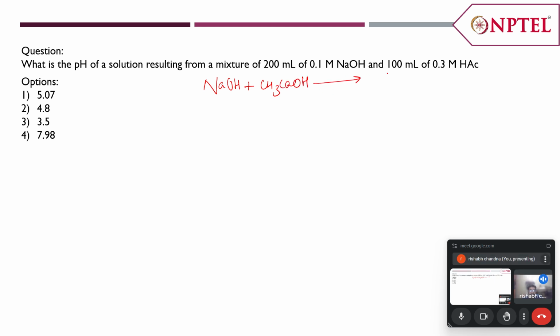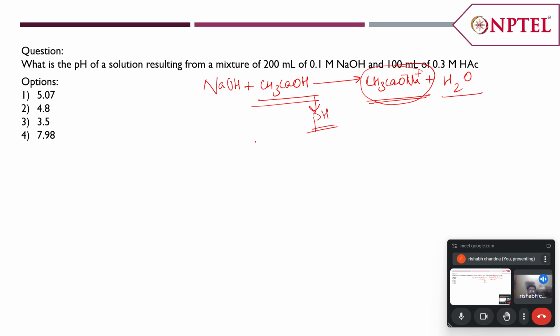When they react, we'll form sodium acetate and H2O. Okay, so we first have to calculate the concentrations so that we can calculate the concentration of the acid that is left. Then we can calculate the pH of the resulting solution.